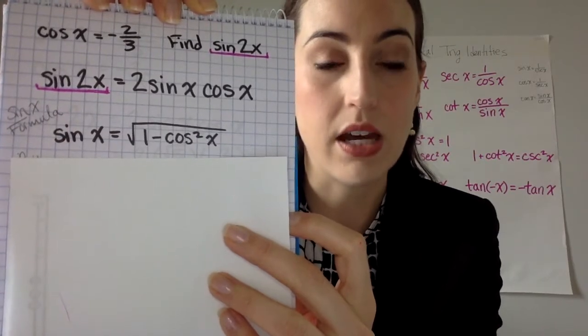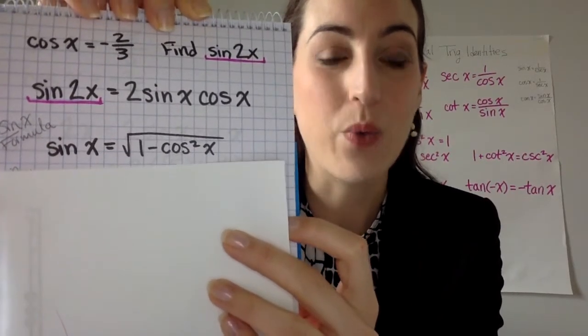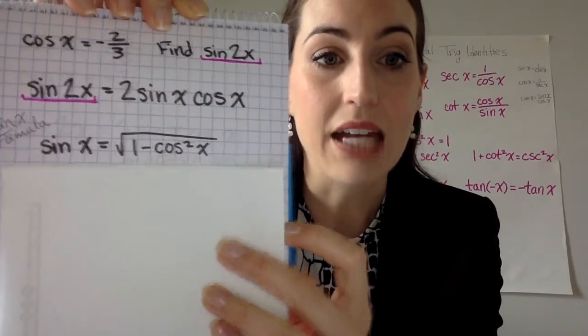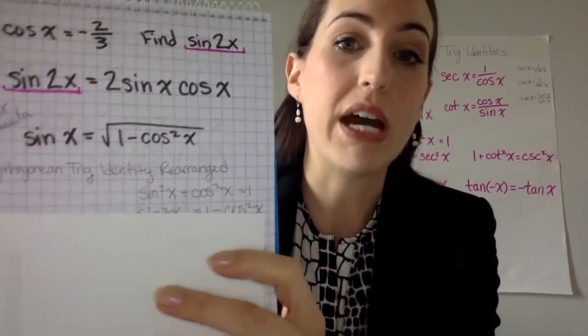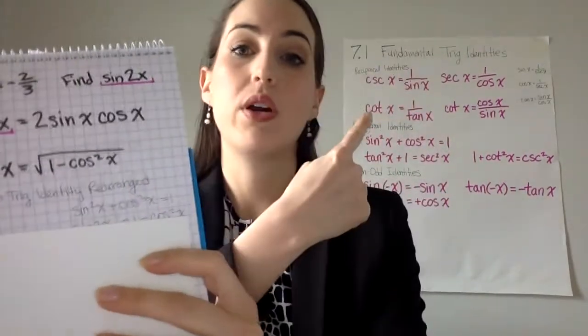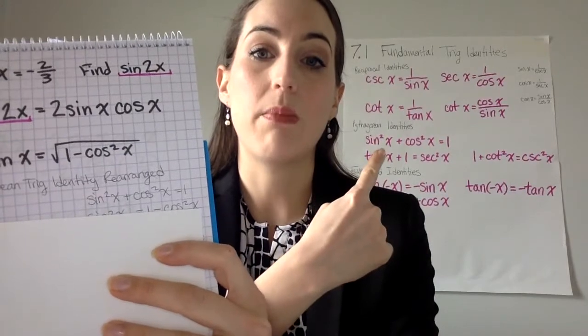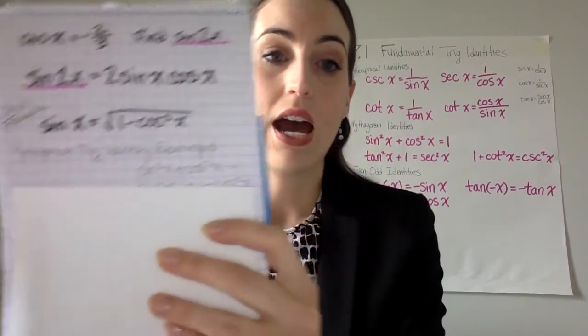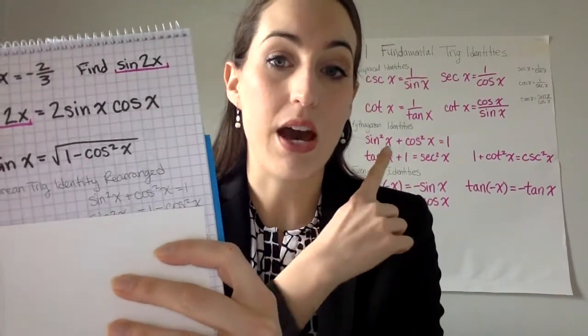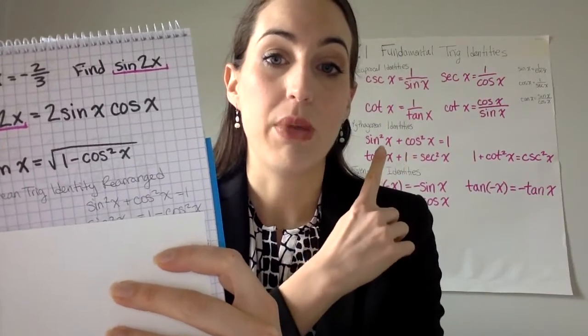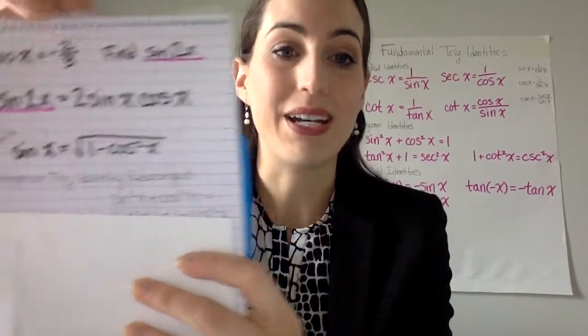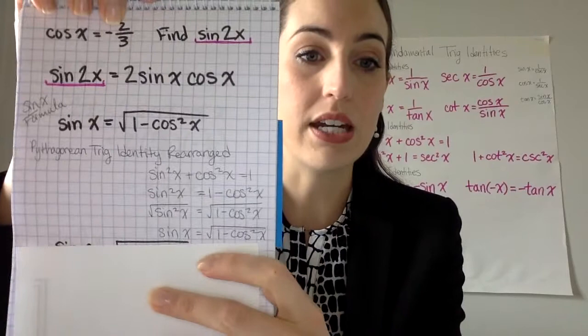We don't know sine yet. So we need to find sine. And so what I did is I went to my list behind us, that 7.1 trig identities, and right there, Pythagorean identity. I have to rearrange that because I have cosine, but I don't have sine, and I can find it. So I rearranged that identity.